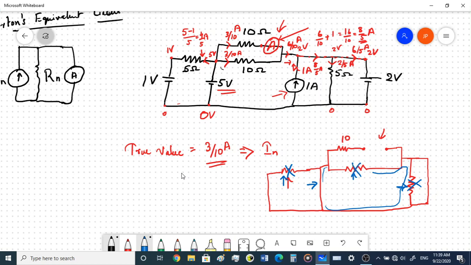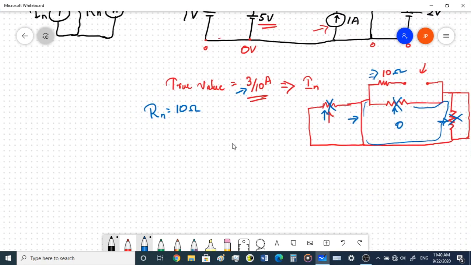So this resistance value will also become 0 because no current would pass through these resistances, because there are parallel paths having no resistance. So in this scenario, the only resistance that would come into the picture is the 10 ohm resistance, right? So the value of Rn would be equal to 10 ohms and the value of current IN would be equal to 3 by 10 amperes, right?